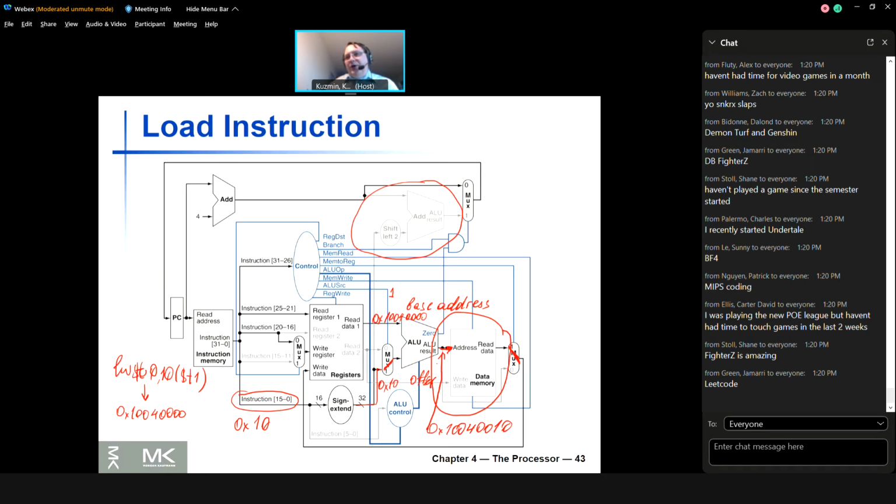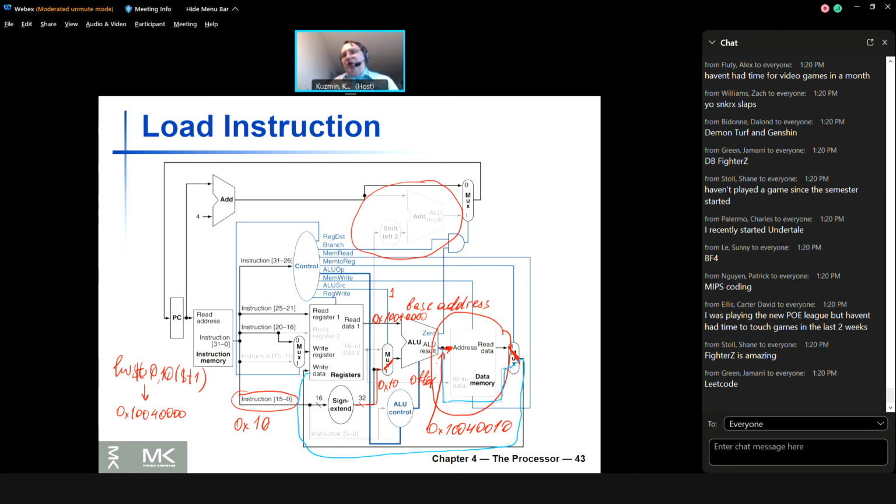Let me use a different color to make sure that we are all on the same page, that I'm referring to the previous instruction, right? So for add, we would take the result of the addition in our ALU and route it back as the value to write back to our destination register. Okay, but here for the load instruction, it's different, right? We are writing not the result of the ALU, because that's just the effective address of the memory. It's not the value that we want to be stored in our register file.